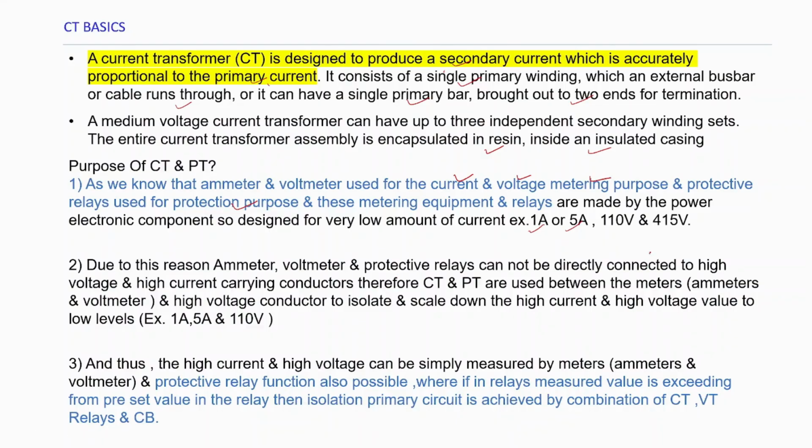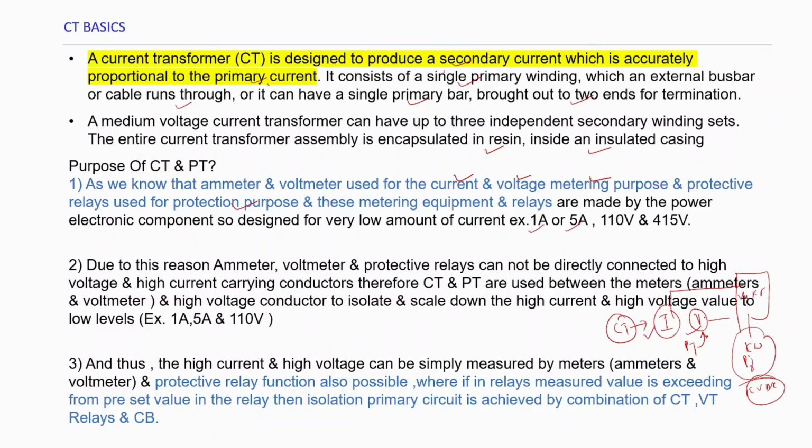So what is the measurement we are doing? We are measuring the current and we are measuring the voltage. These are the two active components only that we are measuring. By using the CT we are measuring the current, and using the PT we are measuring the voltage. Then accordingly these input data will be given to the MFM, which will further calculate your kW, power factor, and kVAR.